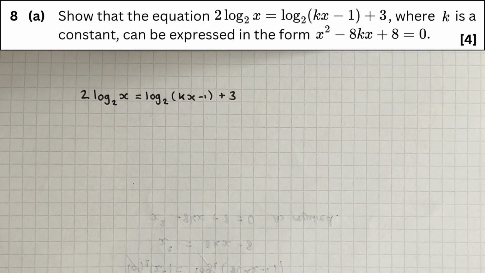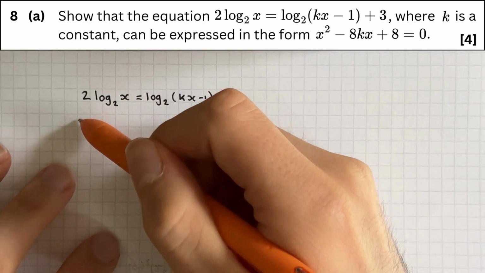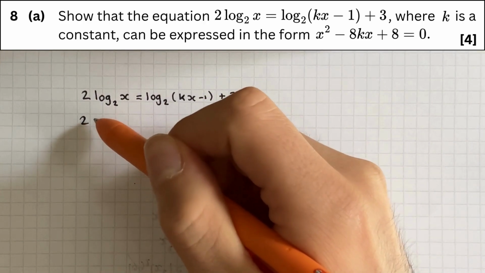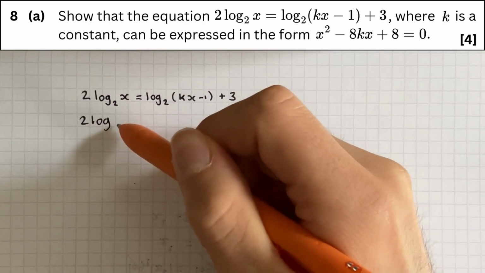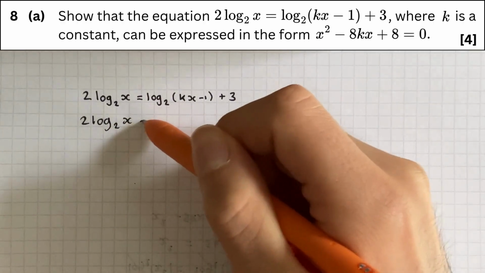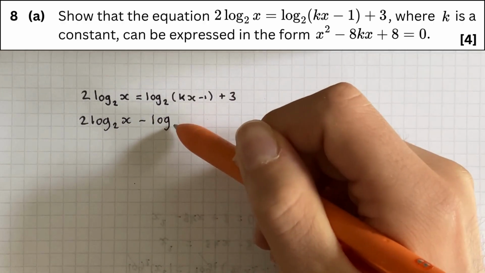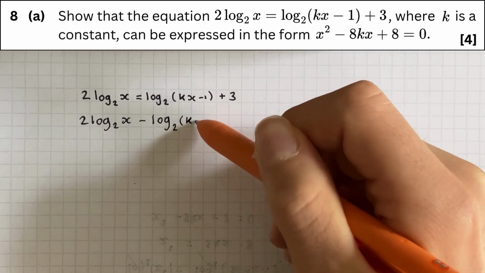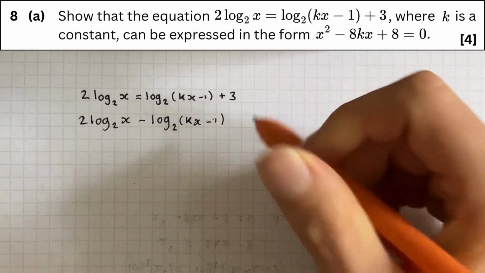What we're going to do in this method is we're going to get all the logs on one side and we're going to leave the numbers on the other. So I'm going to subtract this log base 2 of kx minus 1 onto the left-hand side, like this. And I'm going to leave the 3 where it is.